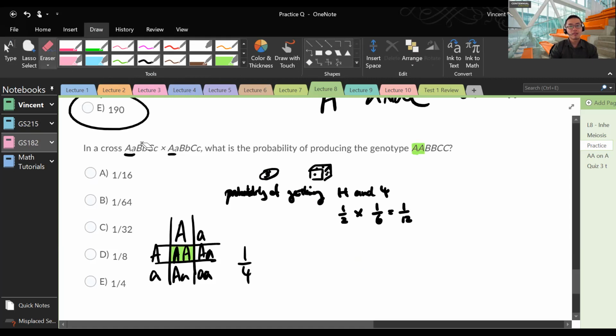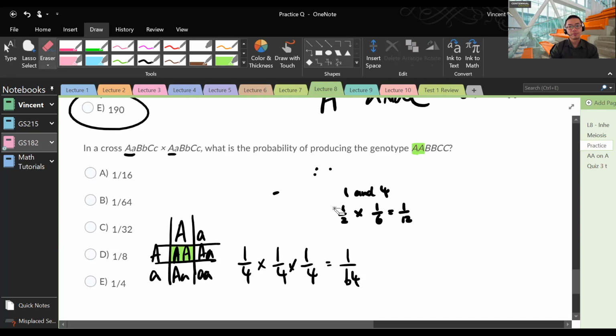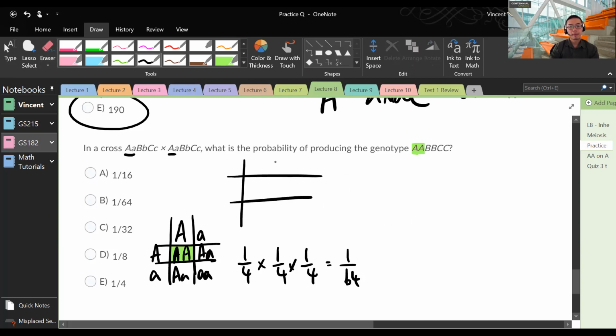We can do the same thing for B. It's the same Punnett square, but instead of having A, we'll do B's. And you will see that it's also a quarter. Same thing for C, so also a quarter. So I have to multiply all of them together, and that's 1/64. I can write it out for clarity.